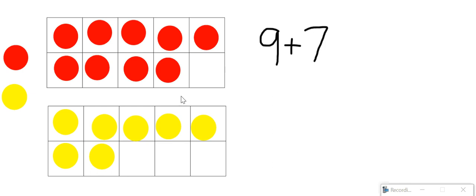So what do we know about a 10 frame when it's full? That is correct. We know there's 10 there. So how many more dots would it take to fill that 10 frame? Let's fill it.